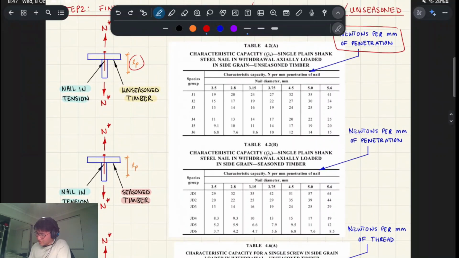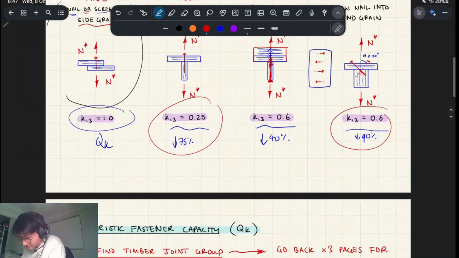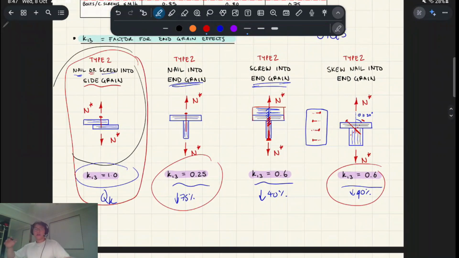Don't get tripped up as well. It says side grain, right? These are the capacity factors for side grain because everything is relative to the side grain, right? So if you have a K13 factor of 1, it's because it's side grain, but it's not that you can't use these tables if you don't have a side grain connection.